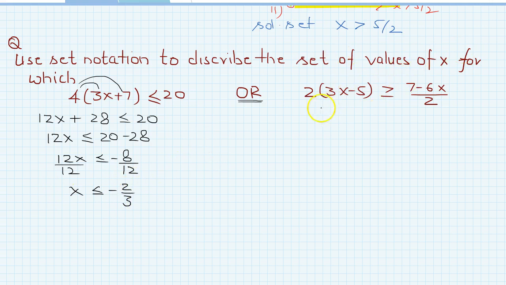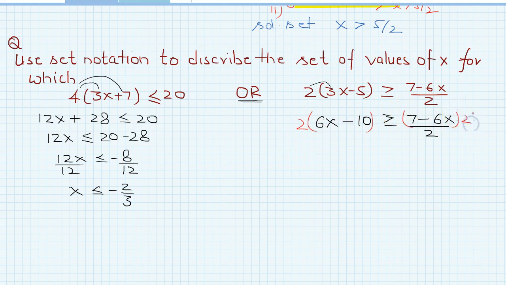Now we simplify this. 3 times 2 is 6x minus 5 times 2 is 10 is greater than or equal to 7 minus 6x over 2. Now we can multiply both sides of this inequality by 2.